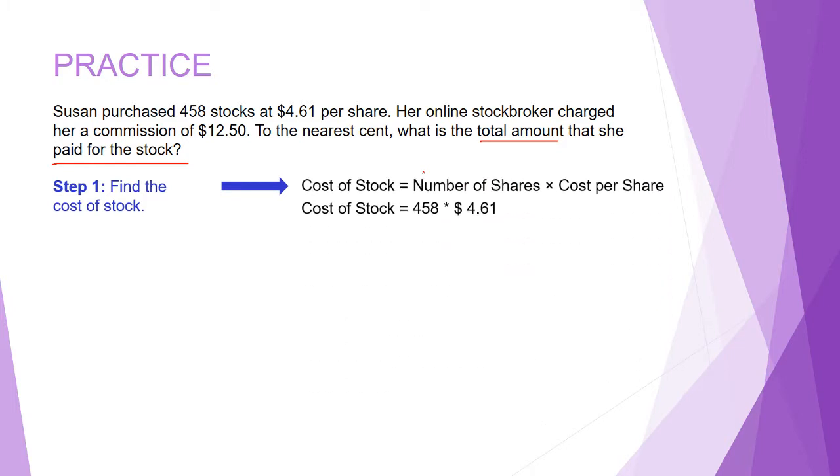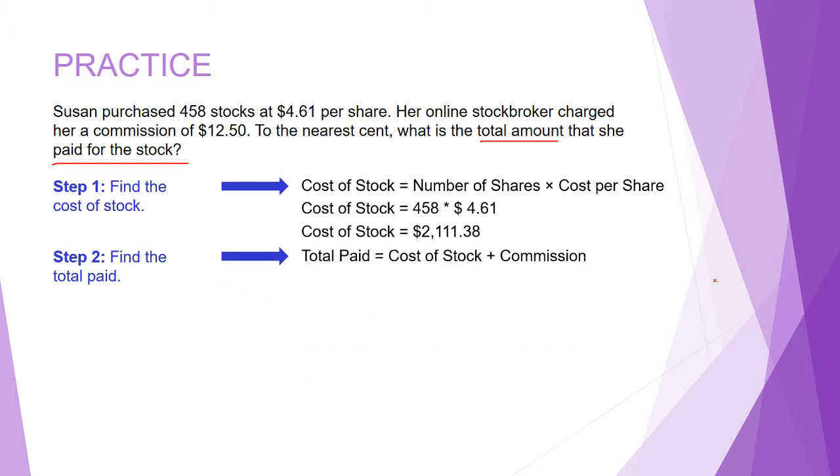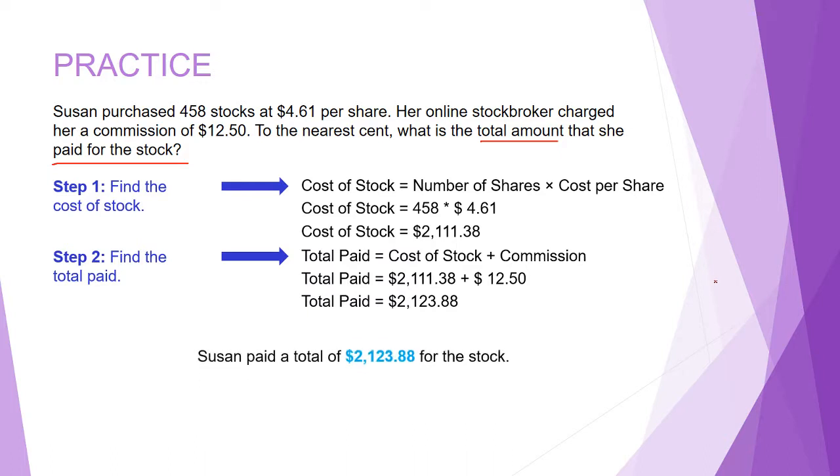So the cost of the stock is going to be $2,111.38, because remember, we multiply the number of shares, 458, by the cost per share, which is $4.61. The next step is to find the total paid. We're going to do cost of stock plus the commission. That is $2,123.88. So that's how much Susan paid in total for the stock.